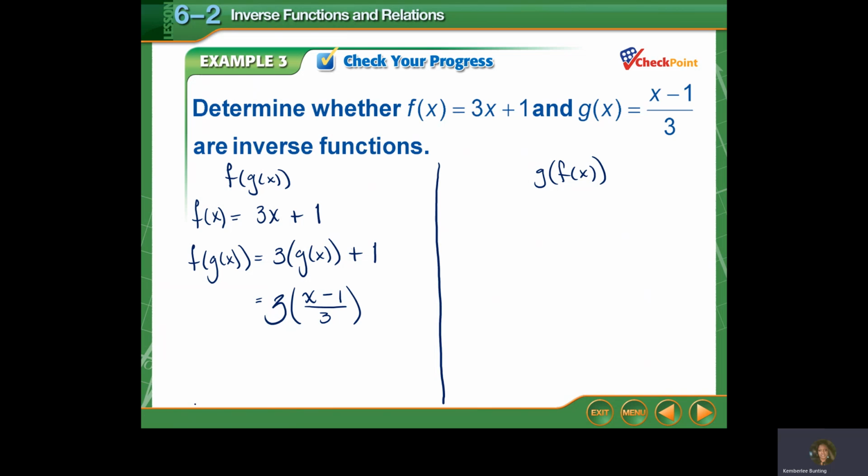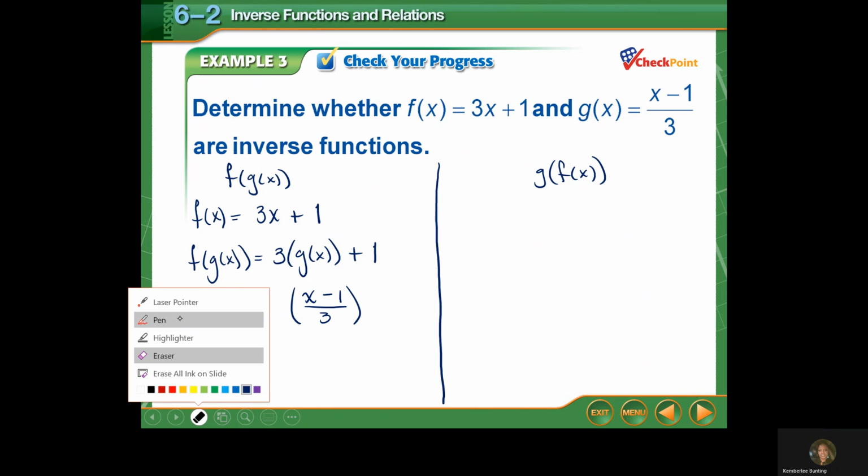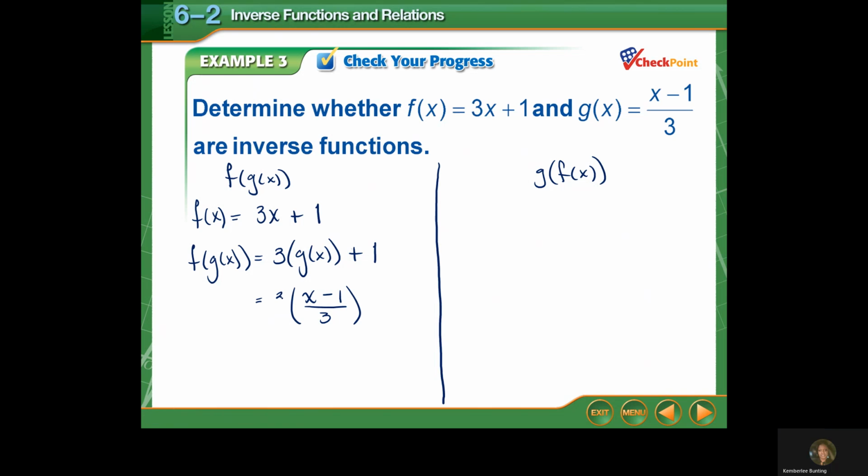Don't do that. Write it like that. Then I have the plus 1 out here. Now, at this point, you should clearly be able to see that these 3's cancel out, right? Maybe I should do it in a different color.